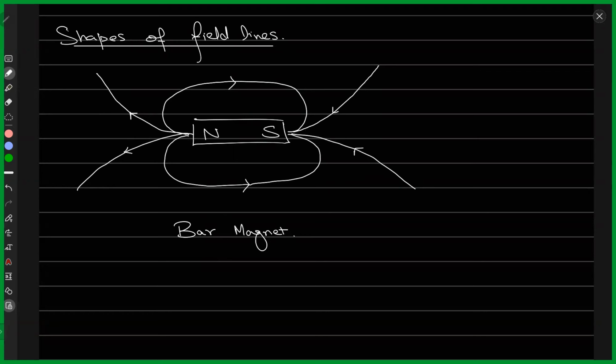Now you might ask where we get this pattern of field lines from, and how we know that it has to look like this. It's pretty straightforward to check experimentally.